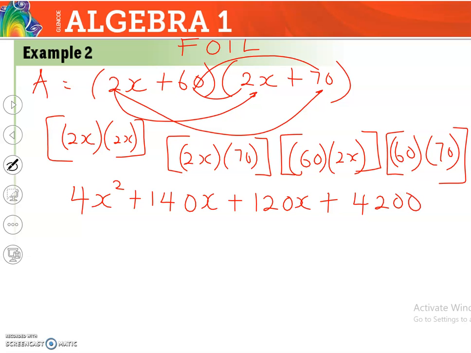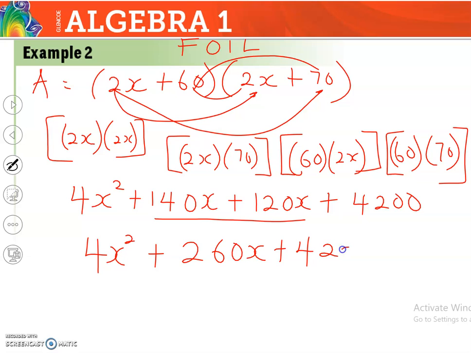Now we can simplify by grouping the like terms, 140x and 120x, which will give us 4x squared plus 260x plus 4,200, and that is our area.